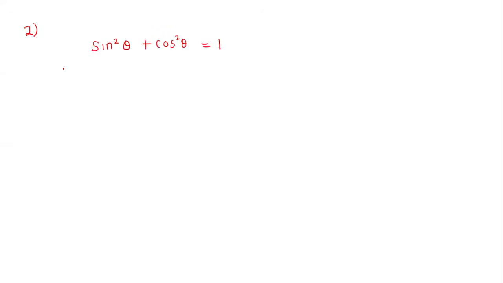In case I have this relation and I divide throughout by a common thing, say I divide through by cos or I divide through by sine, what will happen? So I have sine squared theta, I'm dividing through by a common term. So divide by cos squared theta, plus cos squared theta divided by cos squared theta, is equal to 1 out of cos squared theta.